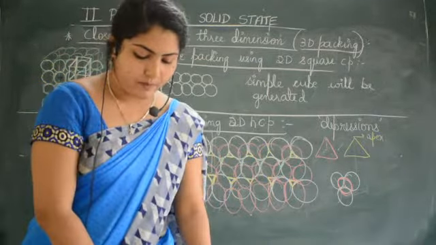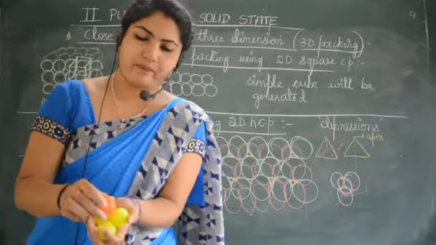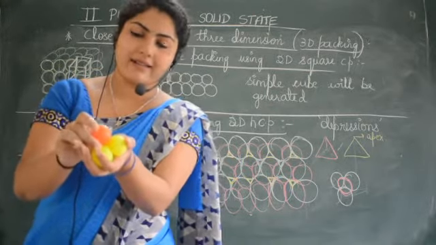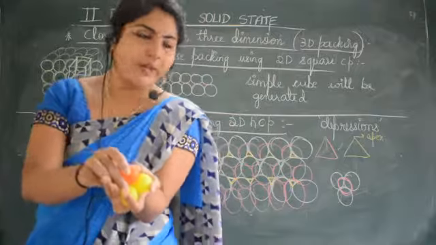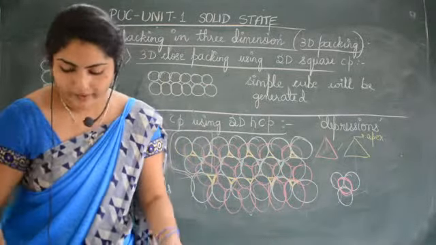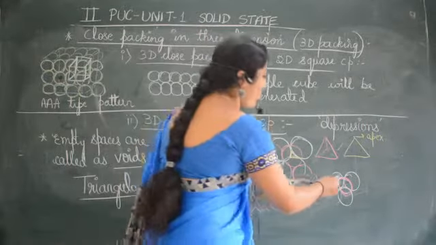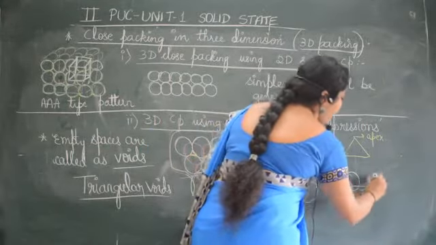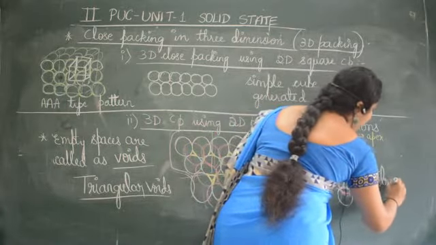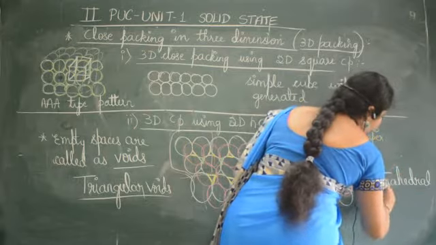Three spheres below and one sphere above. Between them occurs one more void, which we call a tetrahedral void.